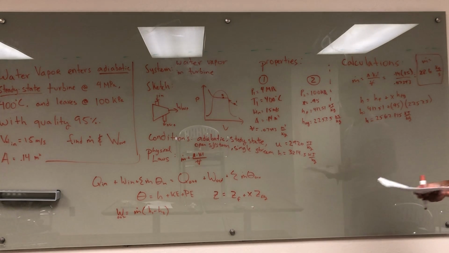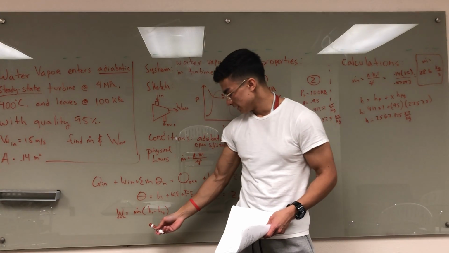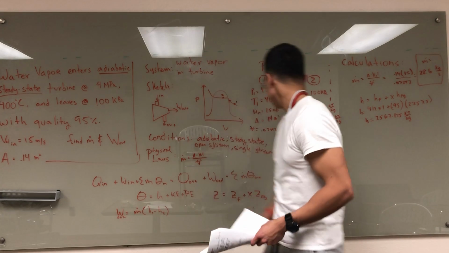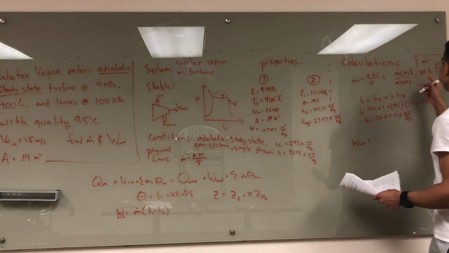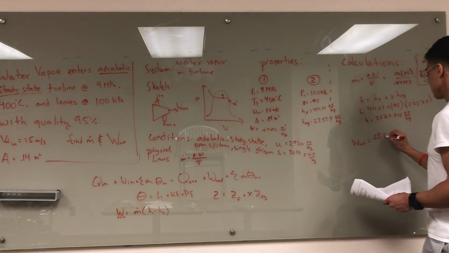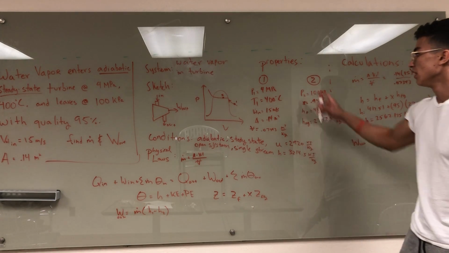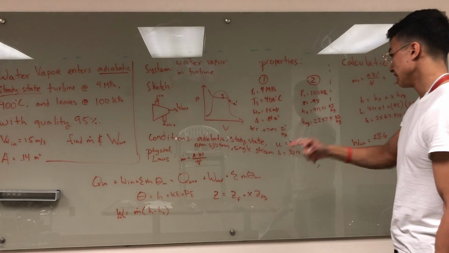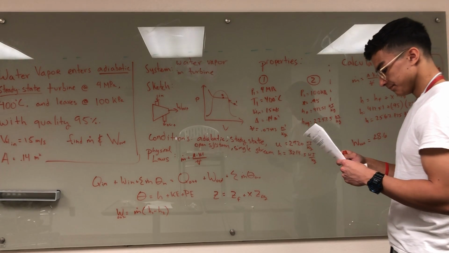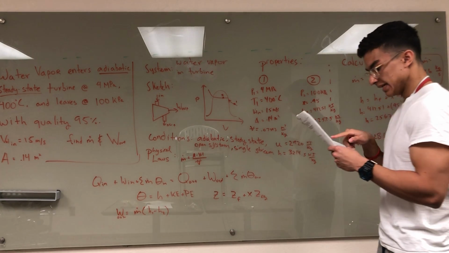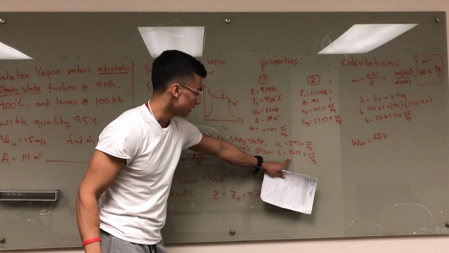So now, let's just look at our work equation that you can derive from the conservation of energy. So, we've just found our mass flow rate, so we can say that the work out equals what we just found, 28.6, because that's the mass flow rate here. And what's h1? So we're going to look at our phase 1, and we're going to look for our h. Did we write an h value here? Oh no, we didn't, I forgot. But if you look at table A6, you'll see that your h value, oh no, my bad. Yeah, we did. We have an h value right here.